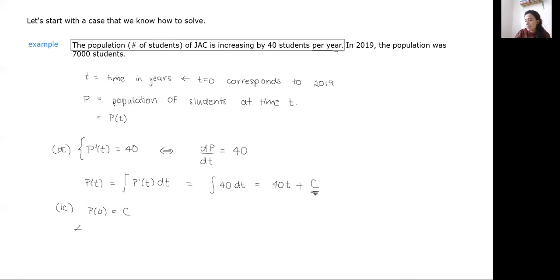And that means that now I can solve this equation. I can plug 0 into my expression for p of t. So that means that 40 times 0 plus c, whoops, this is not equal to c. I mean, it is equal to c, but this is not what I wanted to write.